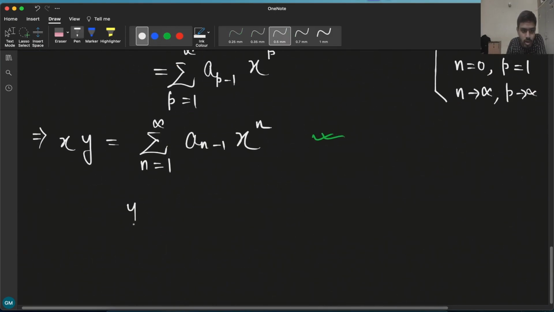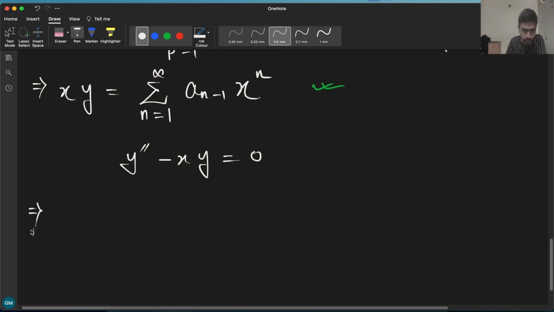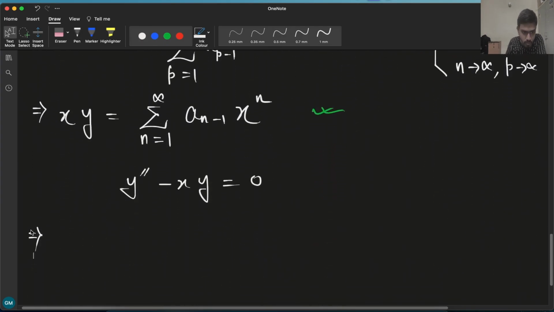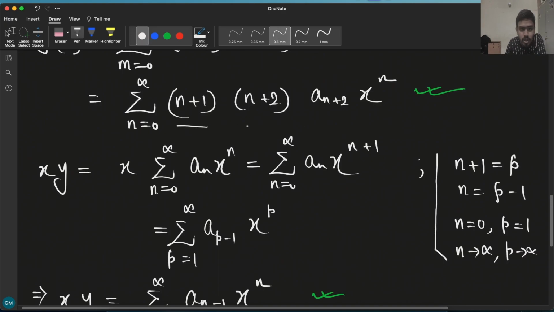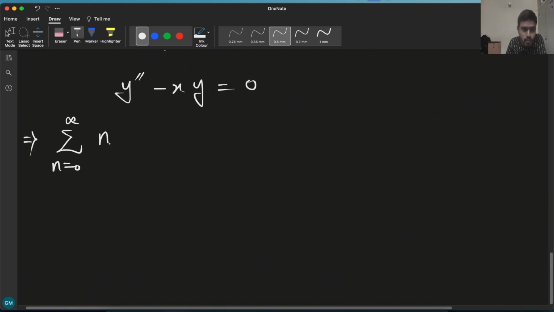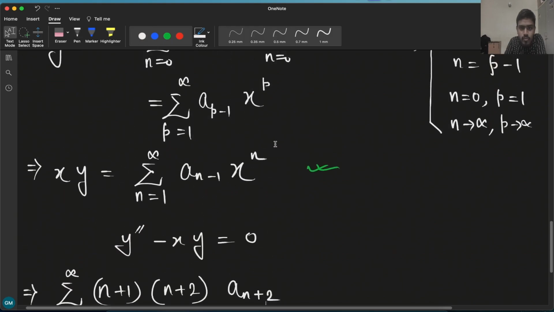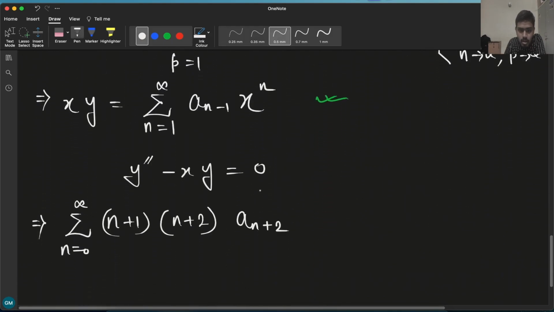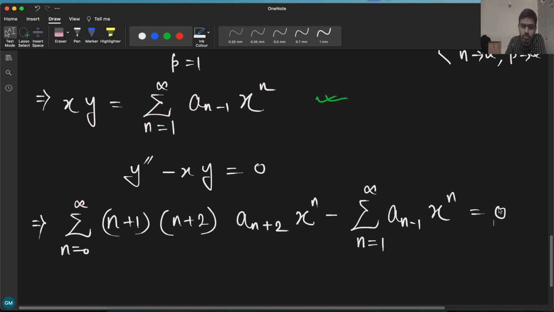So the given differential equation is y double dash minus xy equals 0, which implies y double dash is the sum from n equals 0 to infinity of n plus 1 times n plus 2 times a n plus 2 x to the power n, minus this term xy, the sum from n equals 1 to infinity of a n minus 1 x to the power n, equals 0.